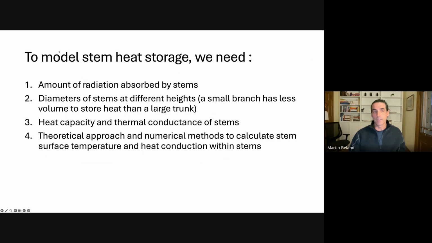The LiDAR gives us this information. We need the thermal properties of the stems, which is something we have access to.